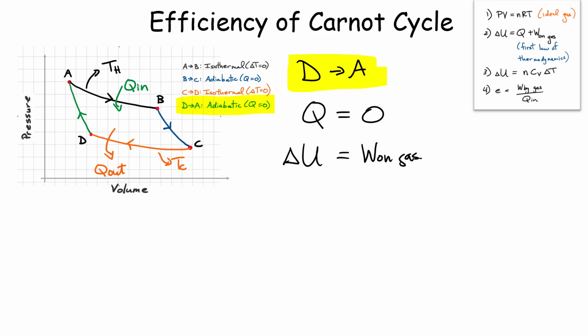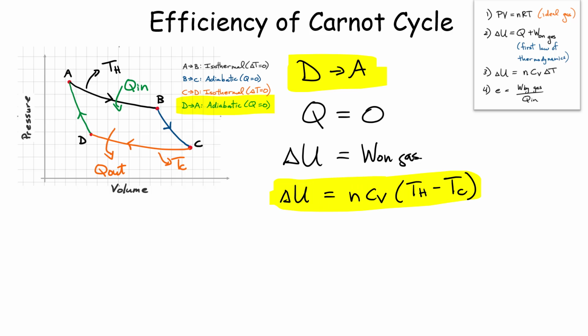Now, for this process, it's very easy to calculate the change in internal energy because we know what the final temperature is and we know what the initial temperature is. Using equation 3 right here, nCV, again, T final minus T initial. T final is T hot, minus T initial, T cold. That is the change in internal energy going from D to A.